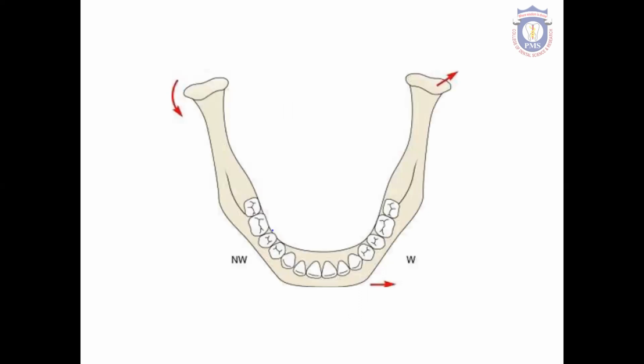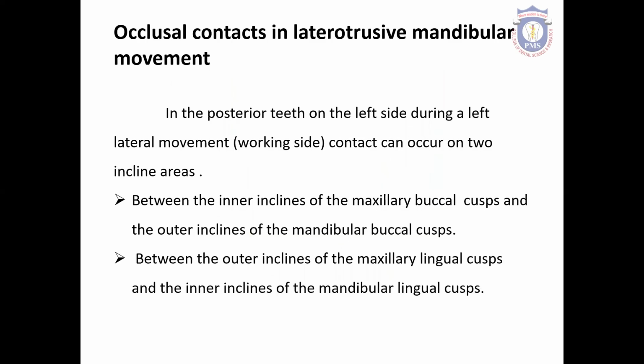So if the mandible is moving to the right side, that side of the mandibular movement is called the working side, and the other side, the left side, is called the non-working side or balancing side. Occlusal contact in laterotrusive mandibular movement.